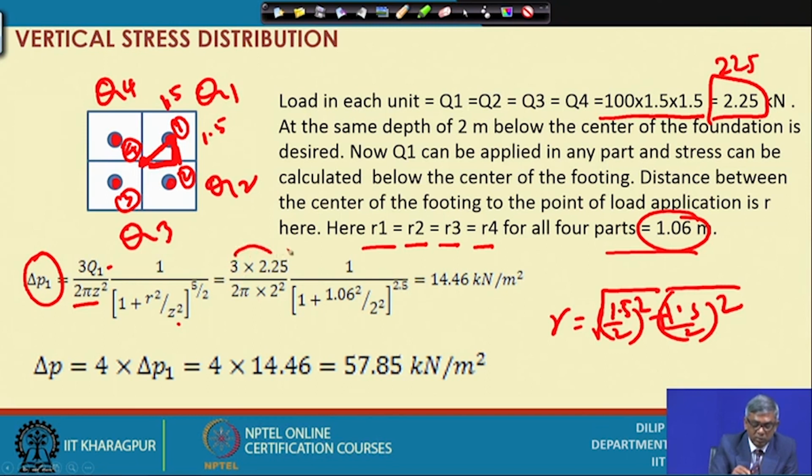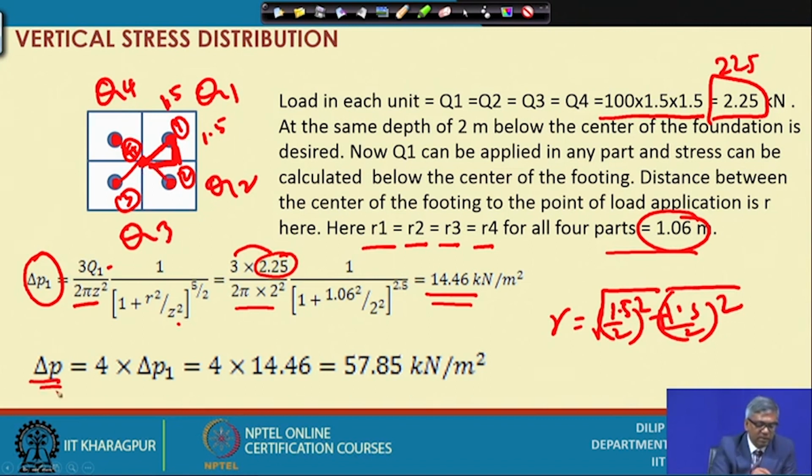So, this is 3 into, not 2.25, it is 225, and 2 pi z square, and 1 plus 1.6 square by 2 square to the power 2.5, then you will get around 14.46 kilonewton per meter square. So, this is the value we are getting for 1. If I want to find out this one, it will be added, for this one also to be added. So, finally, it will be 4 times.